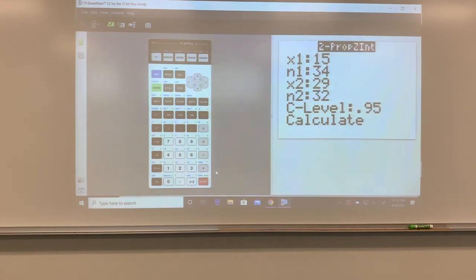All right, so we've got to do a little calculation here to get this. The first one is 13% of 43, so I'm going to go 43 times 0.13, and that ends up being 5.59, which is around 6.